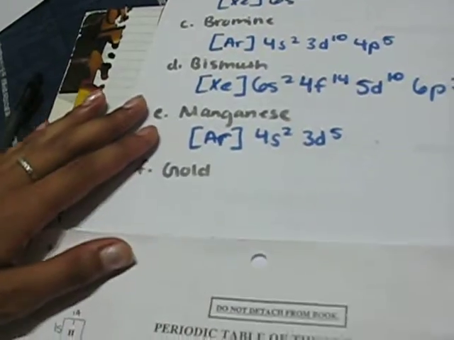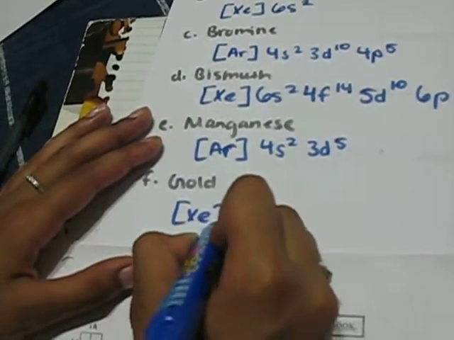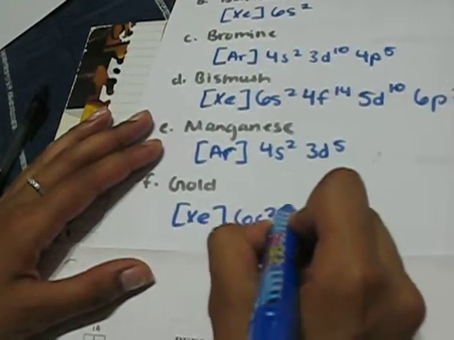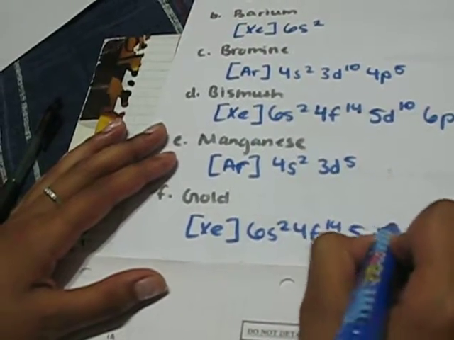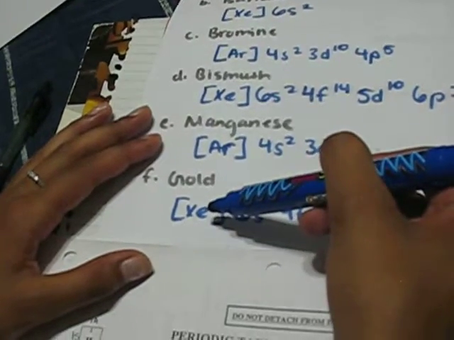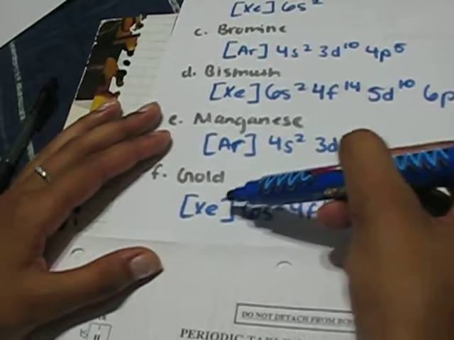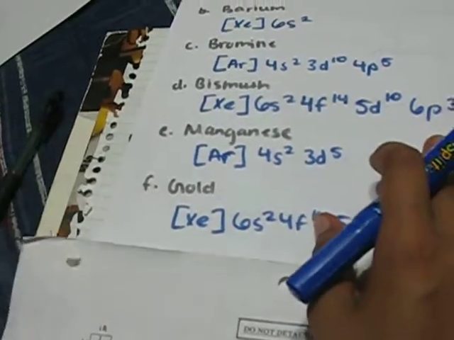So on here you have to write xenon, 6s2, 4f14, 5d9. All you have to do is find the noble gas before the element configuration you're looking for, and then follow through whichever sublevels you have to go through to get to that element.